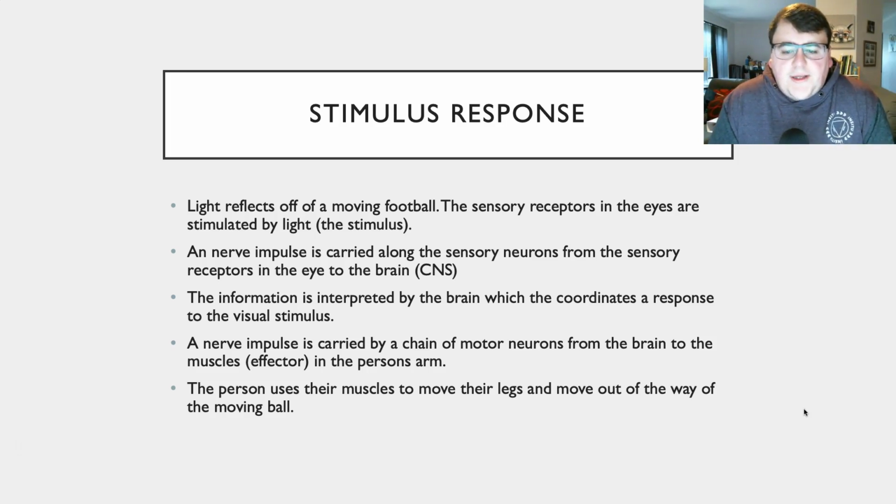Your brain interprets, we're going to be hit by this football, which coordinates a response to that visual stimulus. Your central nervous system then sends a nerve impulse along a chain of motor neurons to the muscles in your arm or legs, and the person's going to use those muscles in their arm or legs to move out of the way of the moving ball. Okay, so that's a stimulus response model.